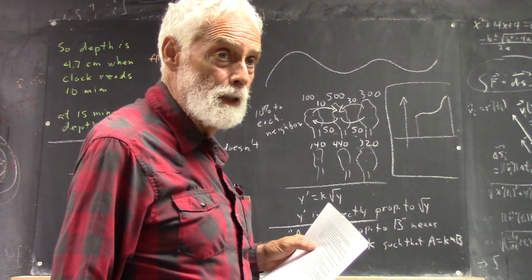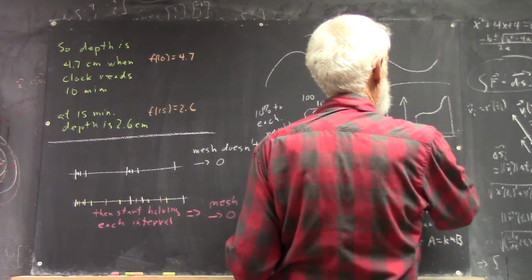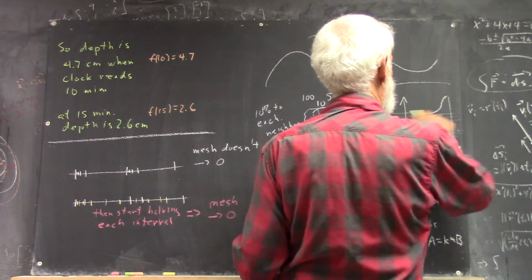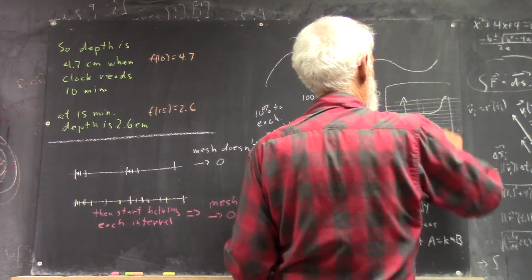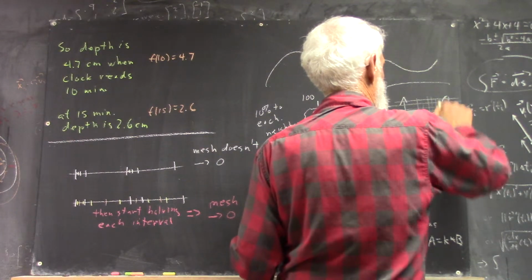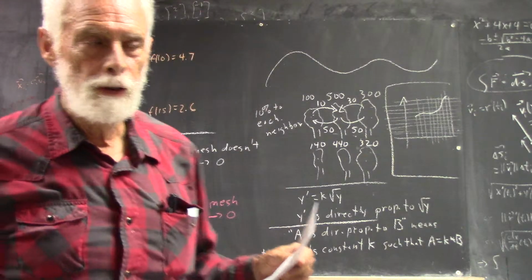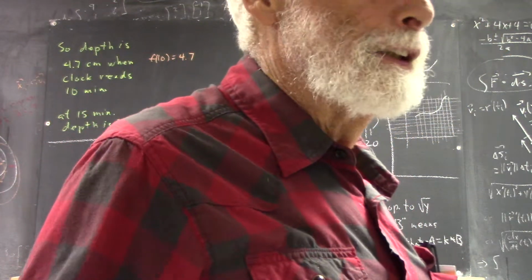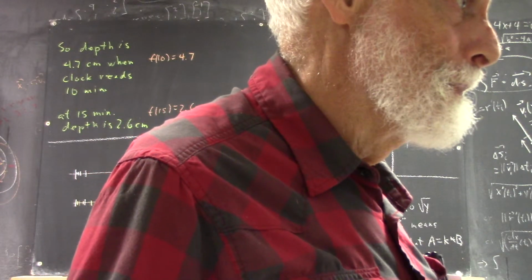I can make a grid. And if I know the area of each square, or each rectangle, I can count them and figure out the area under the curve, right?